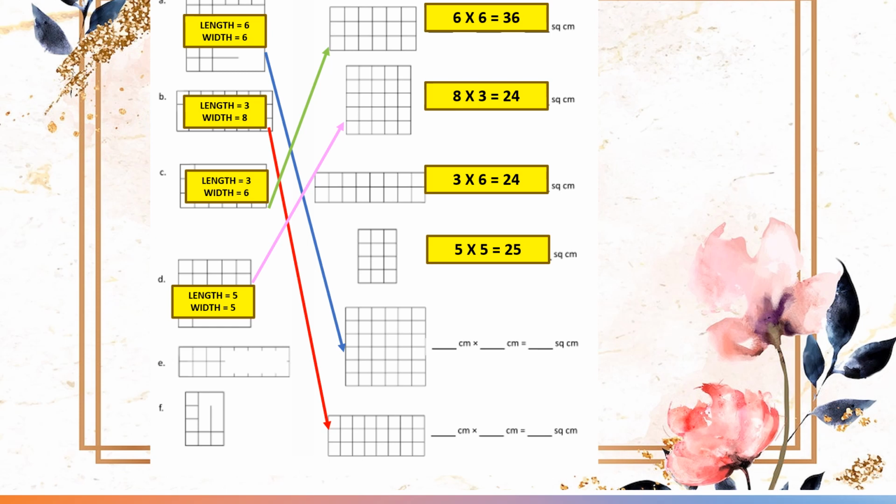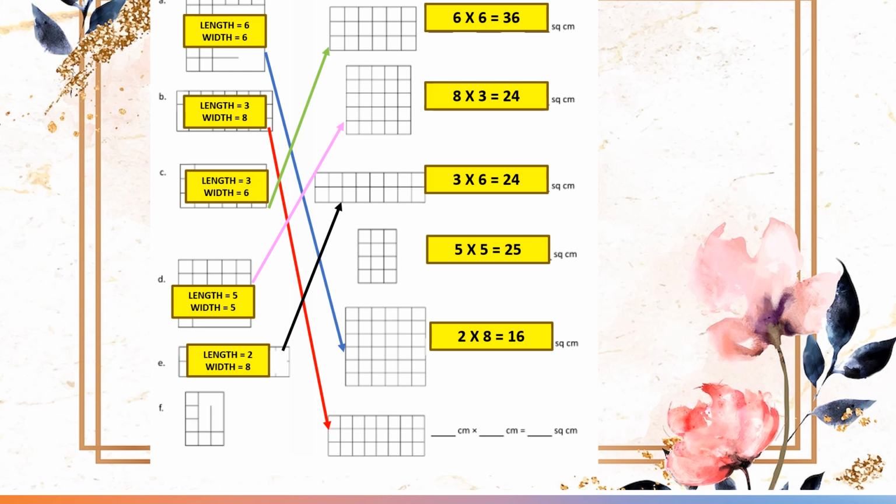Now let's look at letter E. The length was 2 and the width was 8. And the equation for array E was 2 times 8 equals 16. So the matching array for array E would be the third array on the other side of the paper.